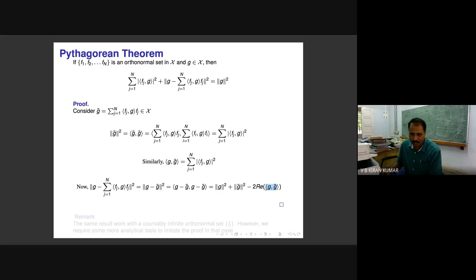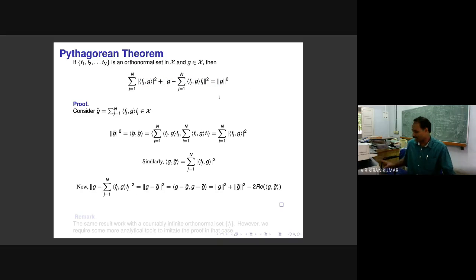Now keep in your mind that g tilde is this. So its real part is also this. And norm g tilde square is also this. They are the same. So these two quantities are the same, but there will be a minus 2 of that. So that will give you norm g square minus this. So that's the proof. Okay. So what you obtain is this identity.